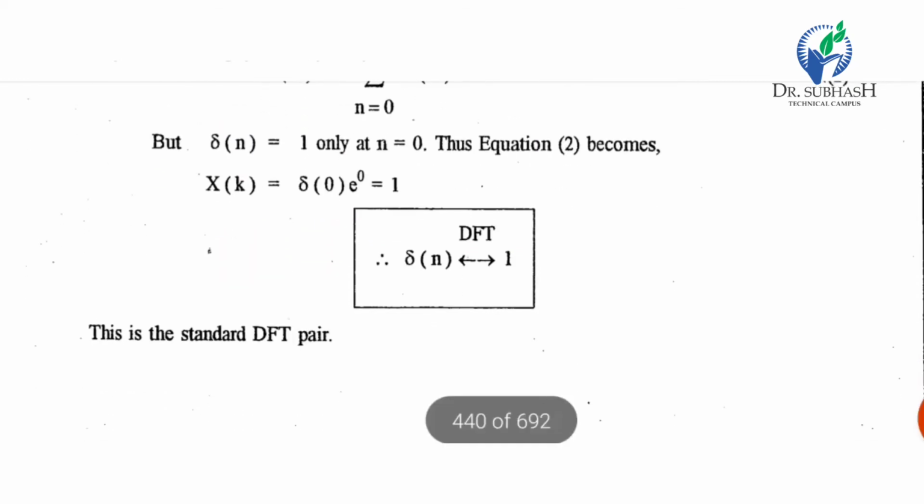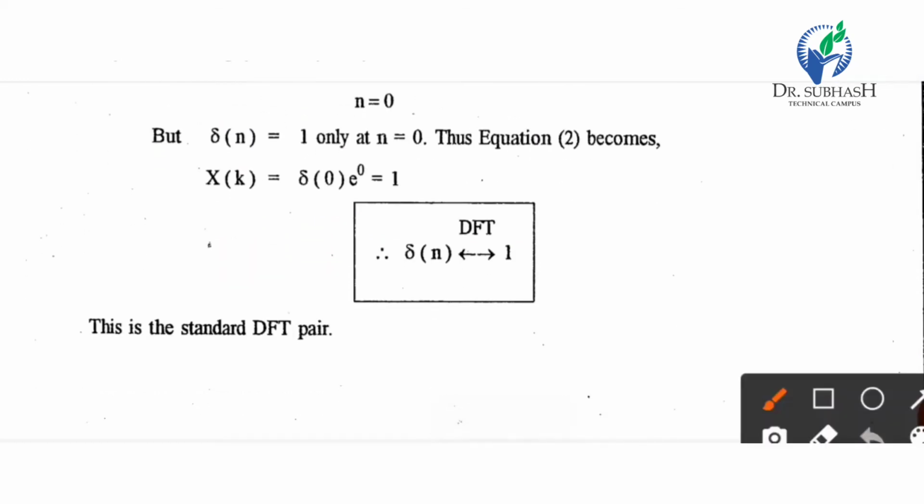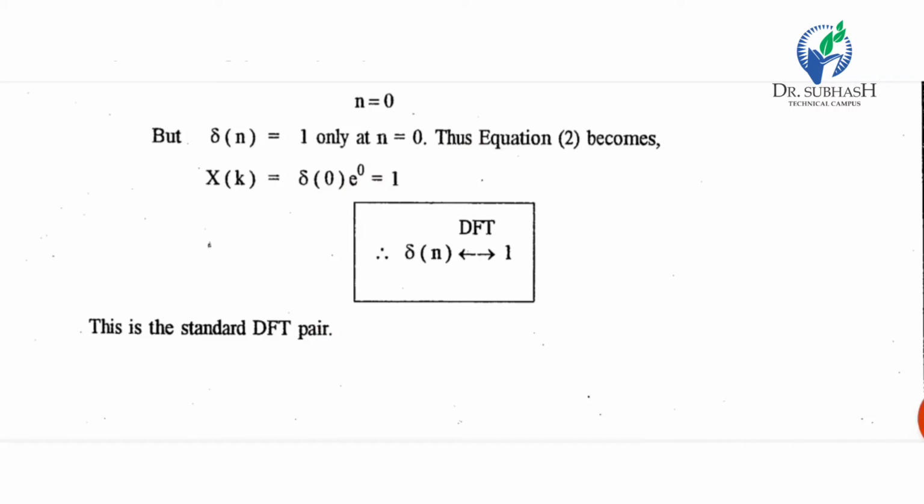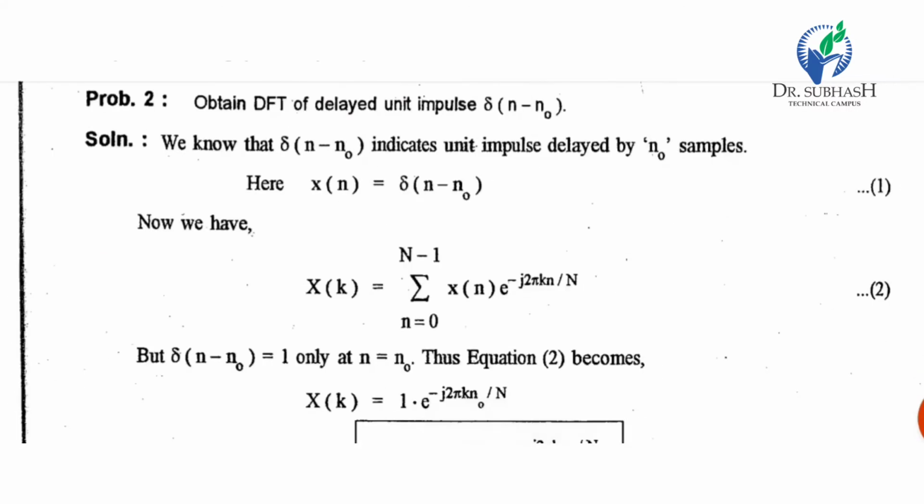So the DFT of delta n equal to 1. So this is the standard DFT pair. The next question: obtain the DFT of the delayed unit impulse delta n minus n0.